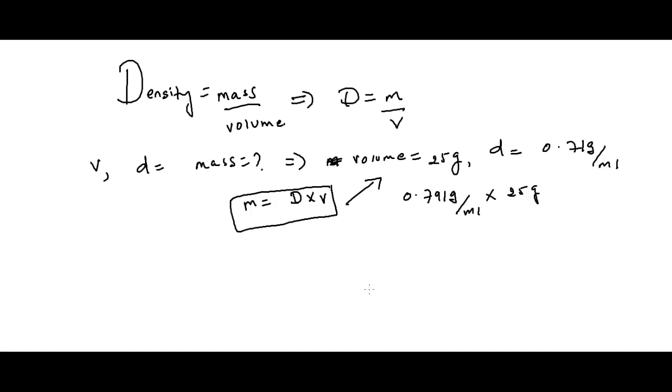Okay, so we can calculate the mass. I'm going to use my cell phone right now as a calculator. I didn't bring my calculator, but we can use the cell phone. But remember that we always have to apply the rules of significant figures.